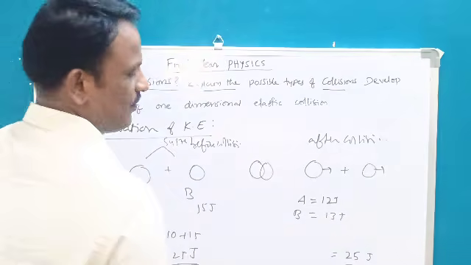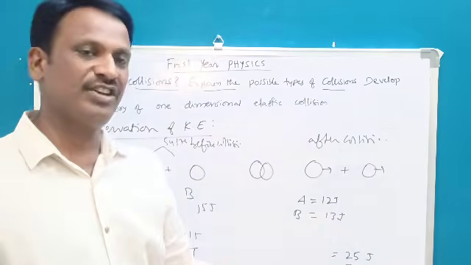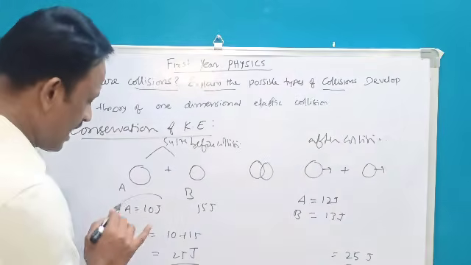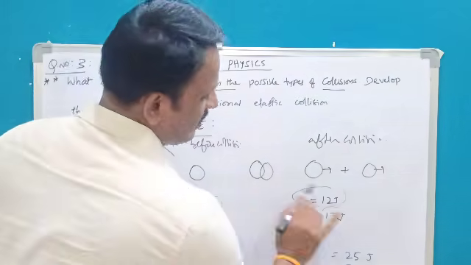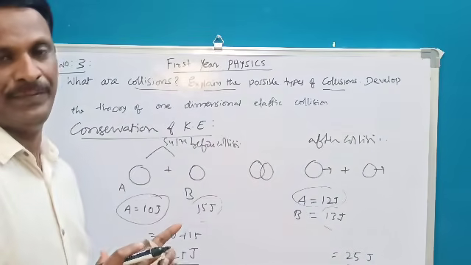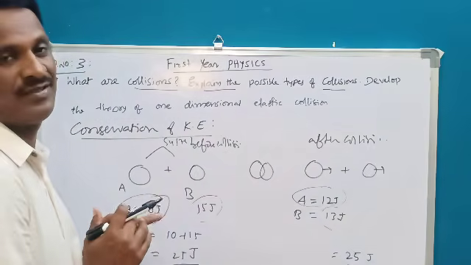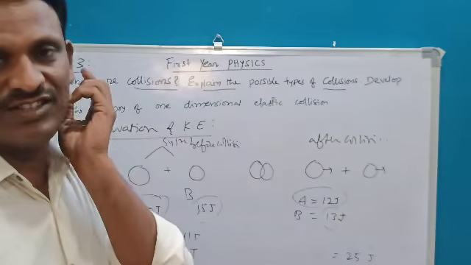Now see what is happening. 12 plus 13, you are getting 25. But earlier A had 10, now it has 12. B had 15, now it has 13. That means an exchange of kinetic energy happened. If this happens, we call it conservation of kinetic energy.